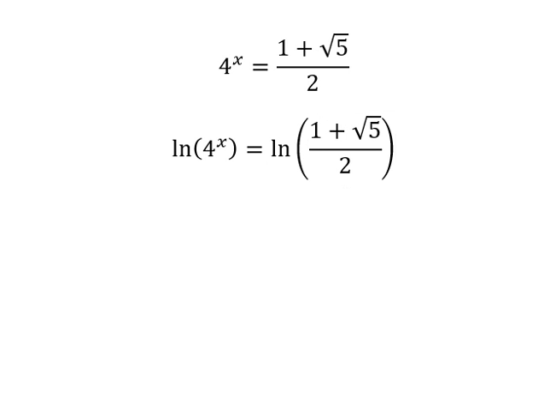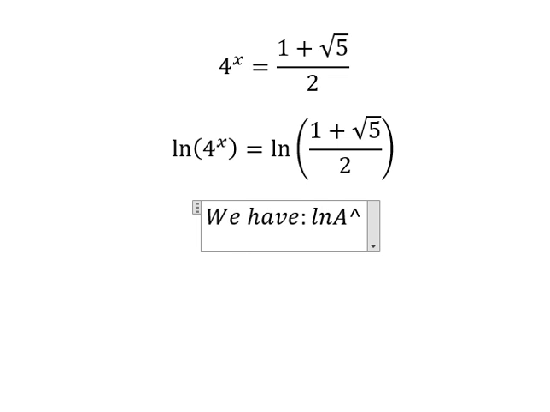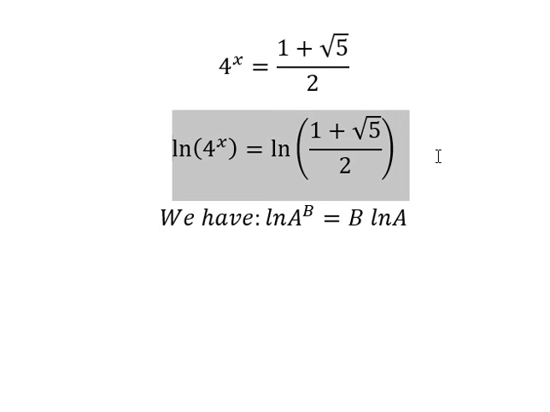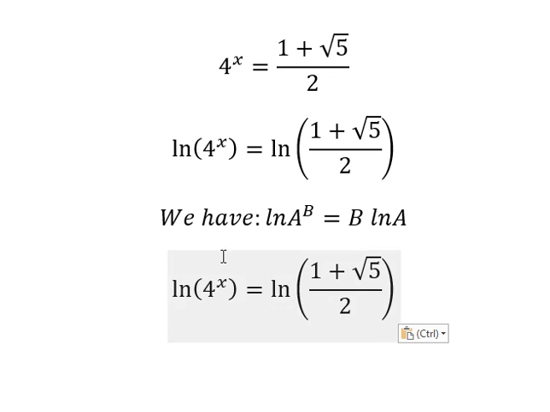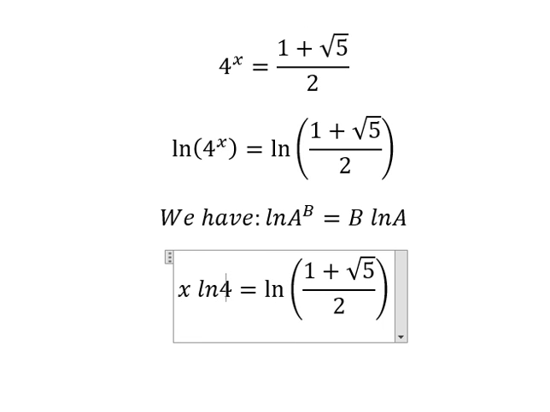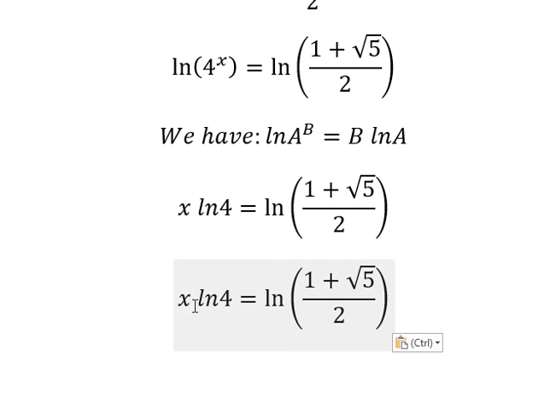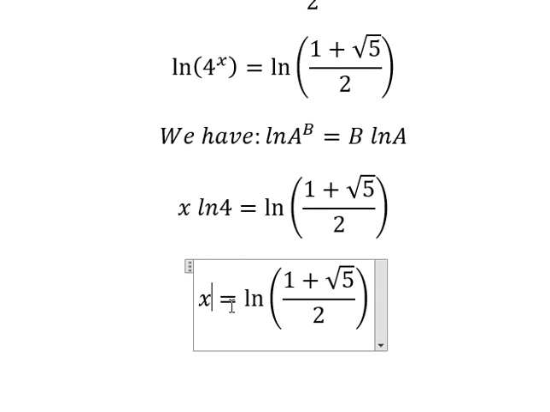Next, we have the formula: ln 8 to the power of b equals b ln 8. So in this situation, we apply this formula here, and we have x ln 4. Later we divide both sides by ln 4, and we have the final answer.